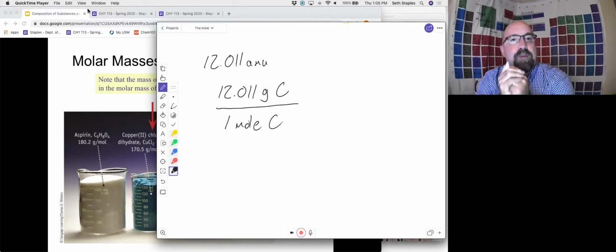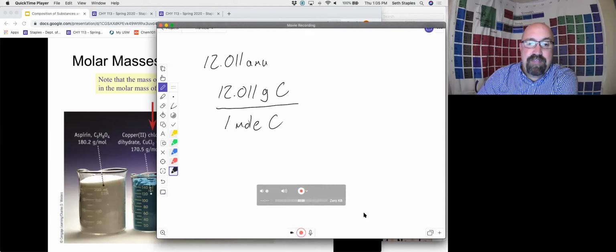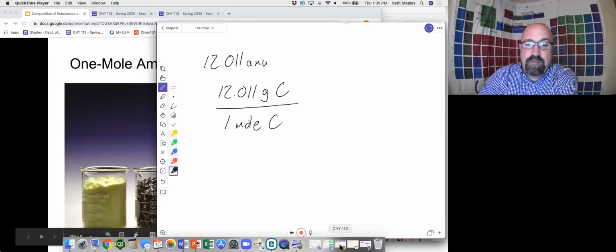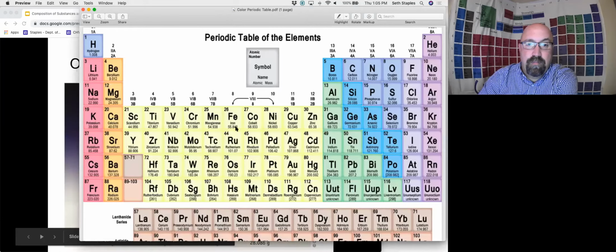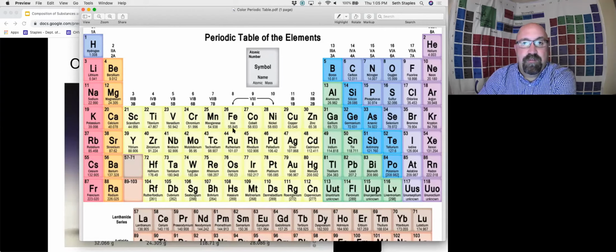And so that's what we mean when we say molar mass. What is the mass of 1 mole of this element? And that's one of the big ways that we're going to start to use the periodic table, by no longer thinking of these atomic masses in terms of AMUs. AMUs don't really do much for us, but we will start thinking of these in terms of grams per mole.